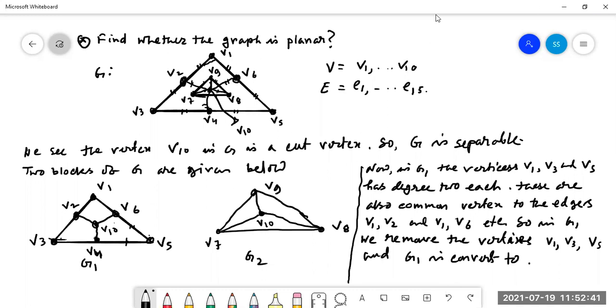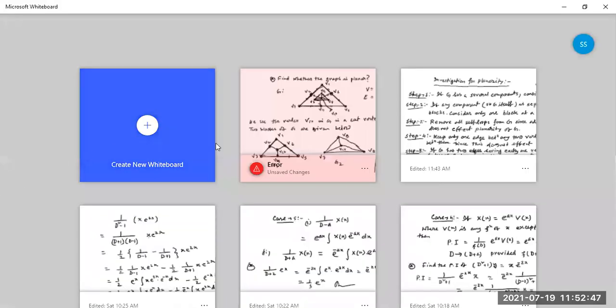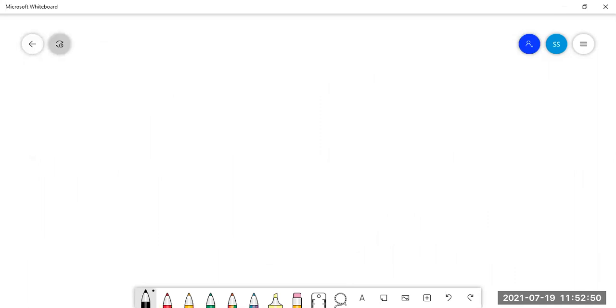Then we go to the next part. So then the graph G1 becomes this: this is V2, this one is V4, this one is V6, and this one is V10.